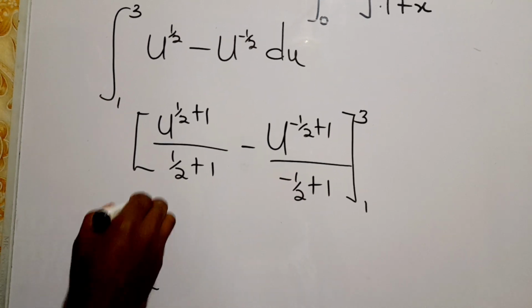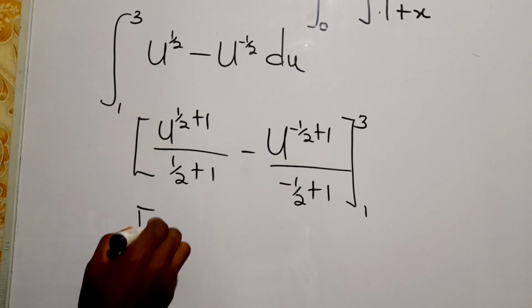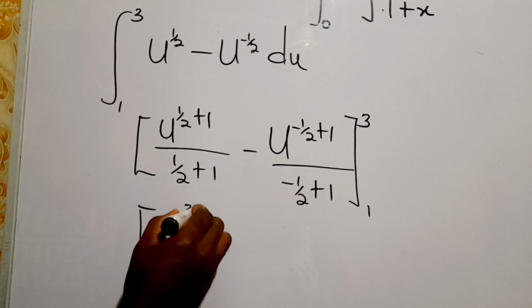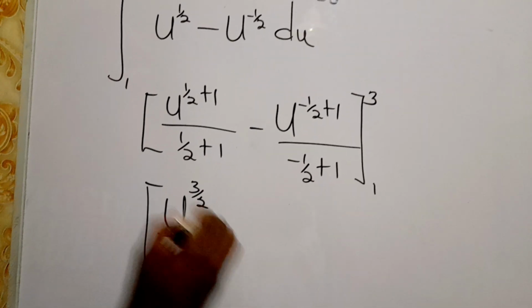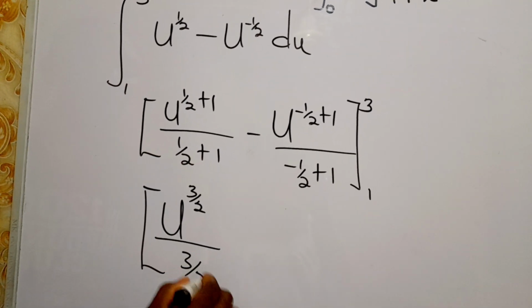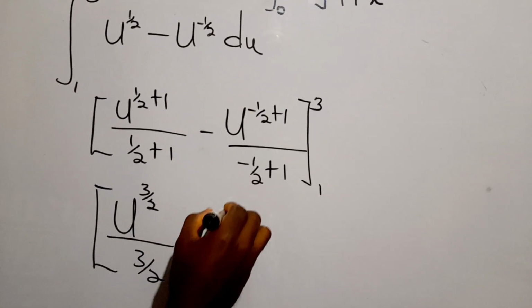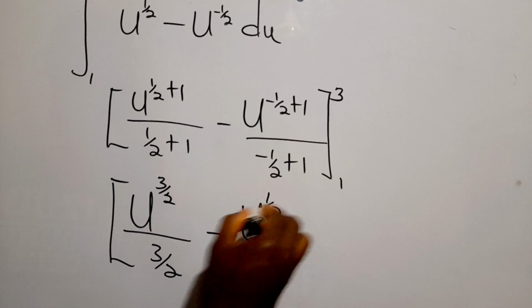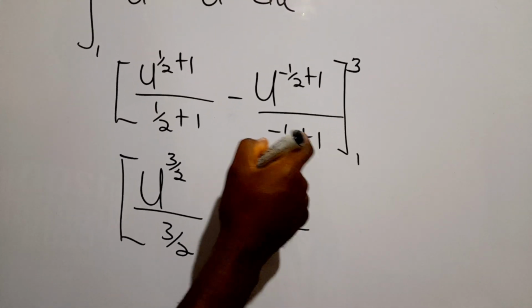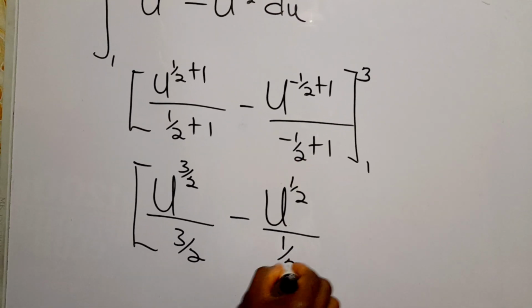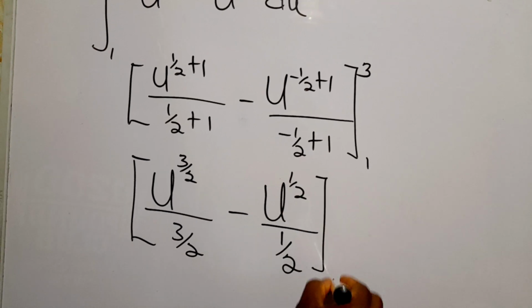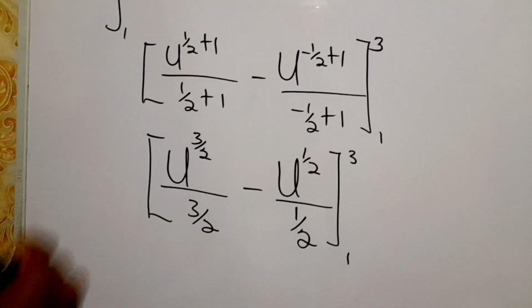So now half plus 1 will be 3 out of 2. This will be 3 out of 2 as well. Then minus, negative half plus 1 will be half. So u exponent half over half. Then substituting from 1 to 3.